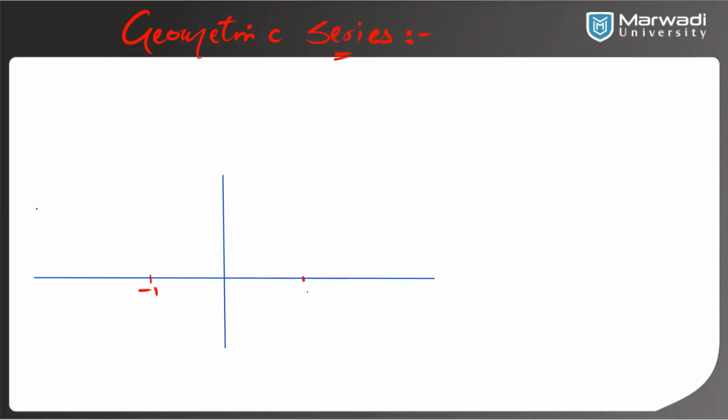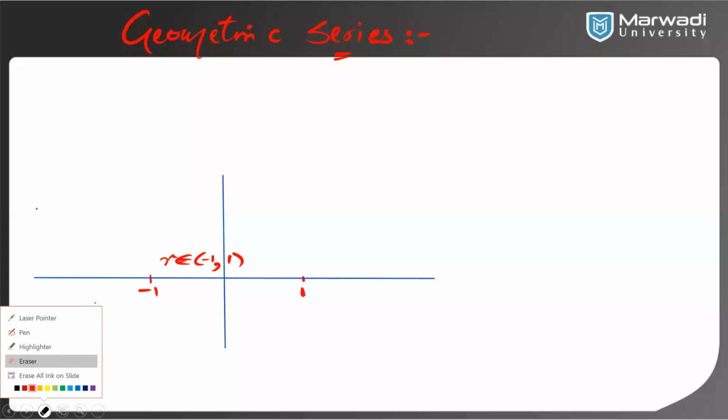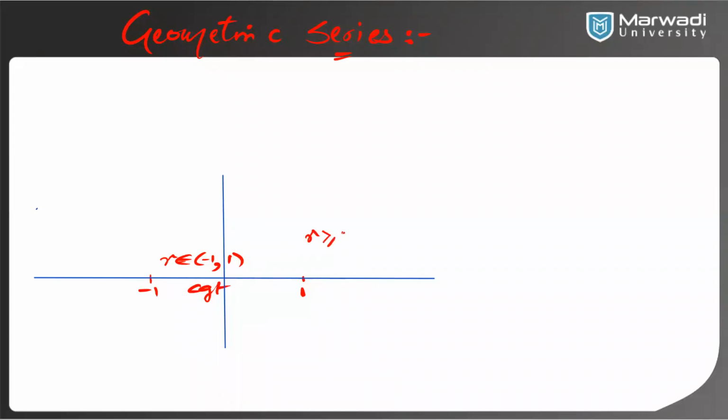Suppose this is -1. Suppose this is 1. अगर रेशियो R का वैल्यू -1 और 1 के बीच में है, then series is convergent. तो आप सीरीज को बोल दो कन्वर्जेंट. अगर R का वैल्यू 1 और मोर देन 1 है, if R is 1 or more than 1, then series is divergent.